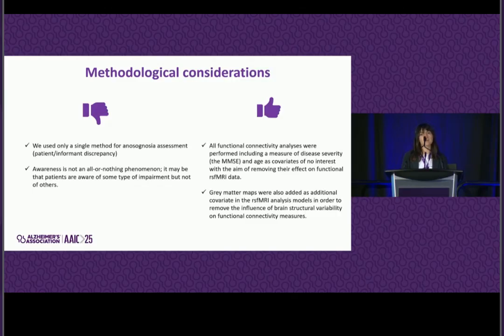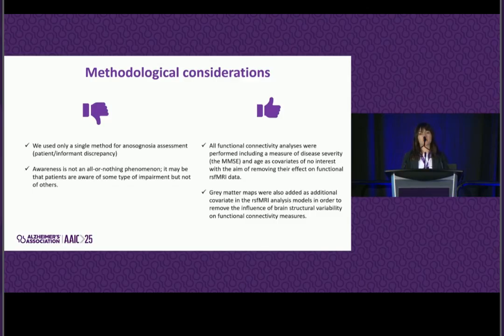So we have to be aware that if we use different measures of assessment, we can measure something different and subtle features of the awareness phenomenon. Anosognosia and awareness is a complex phenomenon. It's not an all or nothing phenomenon. We can be aware of, for example, our memory problems, but not aware of the functional consequence of our memory problem.